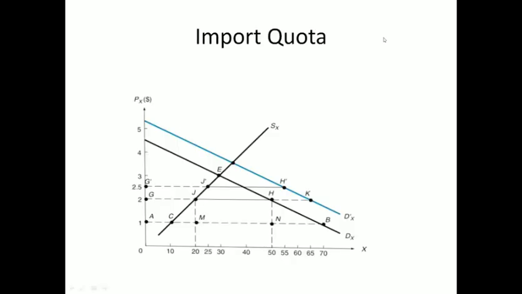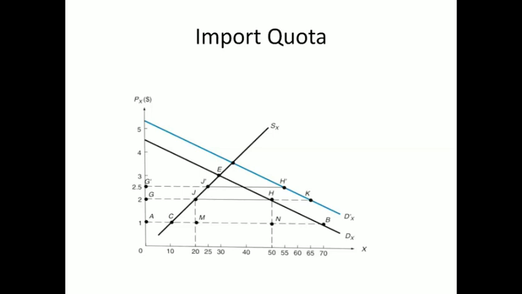So let's discuss the import quota first in this regard. This is one of the most restrictive forms of protectionism. Quotas involve restriction of imports of a good to a definite quantitative level. In practice, this means that a country imposing a quota imports only a certain number of units of the good on an annual basis.